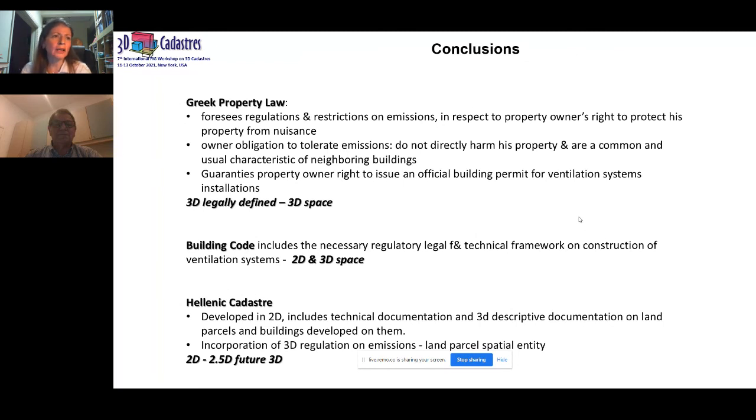And the Hellenic Cadastre, in terms of spatial information, is organized in 2D, but in terms of descriptive information, is describing 3D objects. So we can start considering moving from 2D to 3D with an intermediate stage of 2.5D Cadastre. Thank you very much for your attention.